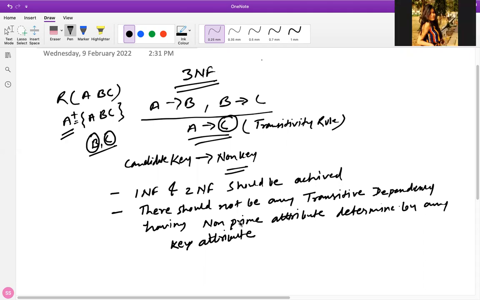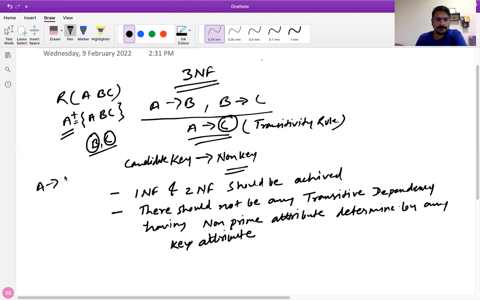Yes, sir. If the case would have been that A determines B and A determines C, then it could have been in third normal form, right? Yes. So A determines B and A determines C. Here we are not getting any transitive functional dependency.